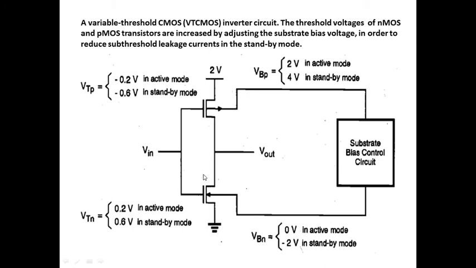Similarly, when you go for an NMOS transistor, when it is in active mode, the threshold voltage is plus 0.2 volt, and when it goes into standby mode, the threshold voltage of the NMOS transistor is 0.6.